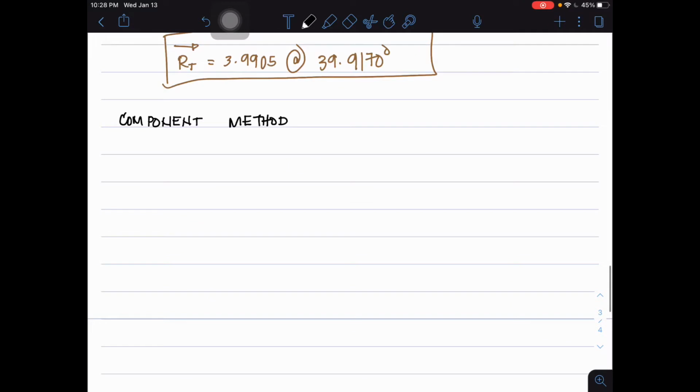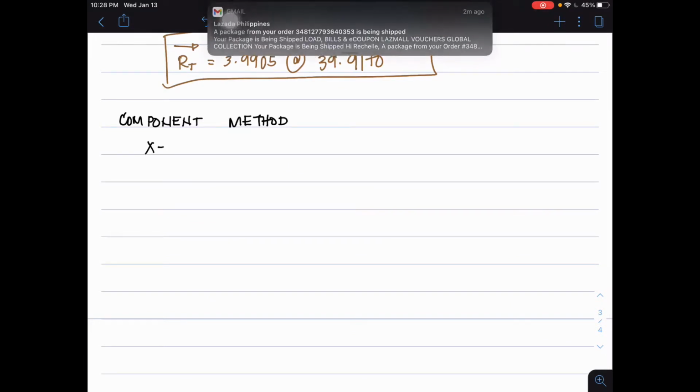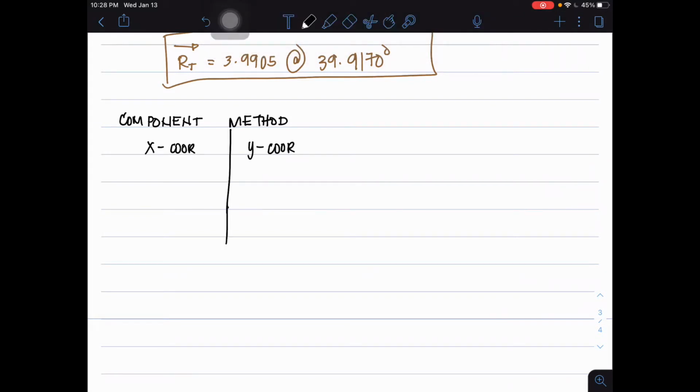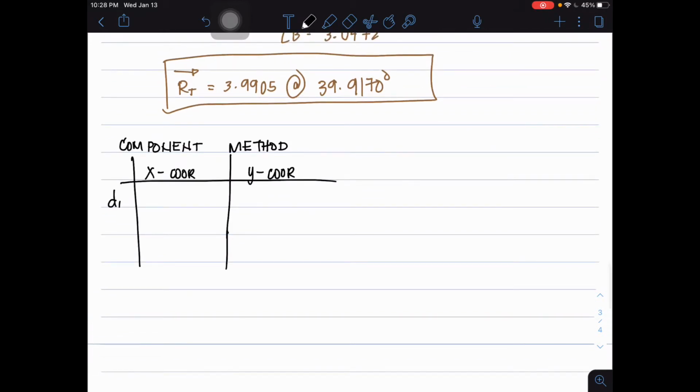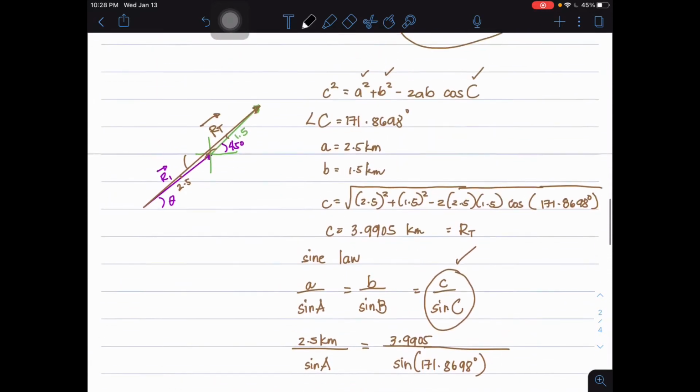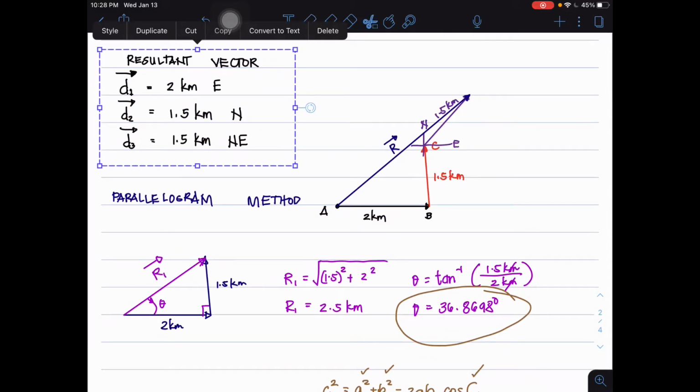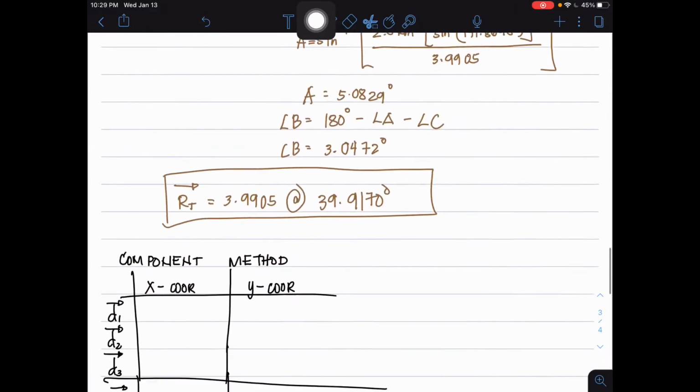Okay, for the component method, you have the x coordinate, y coordinate there. For D1, D2, D3, and then for the resultant. Right, for D1, let me just copy this one.